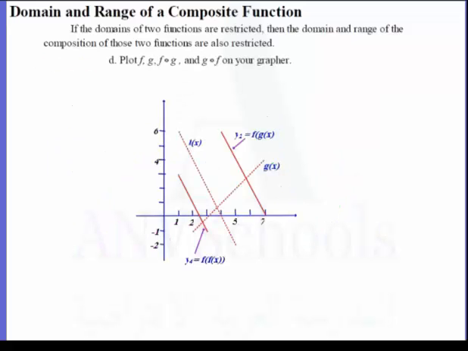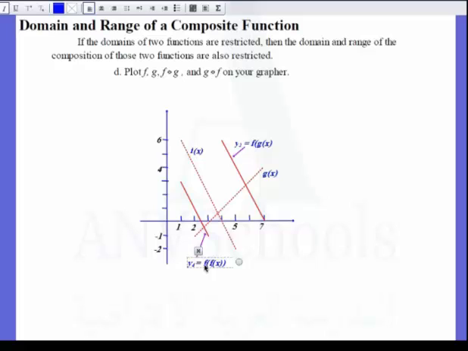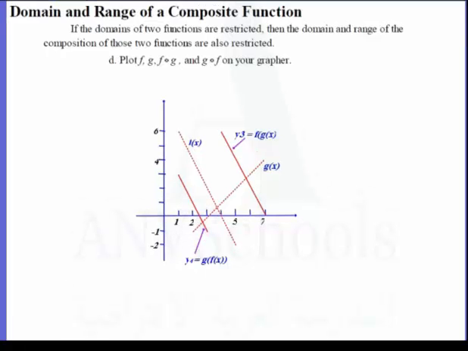Plot f of g and g of f on your grapher. If you're going to graph f of x, g of x, f of g of x, and g of f of x, on your grapher, just try to graph f of x, which is the broken line here.